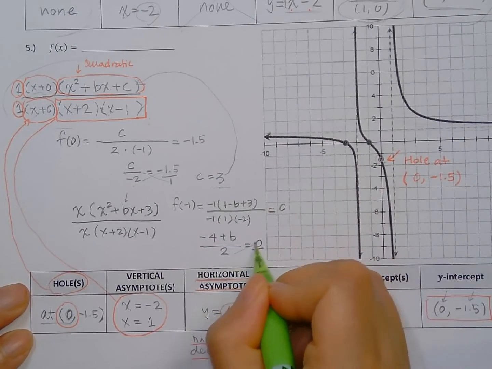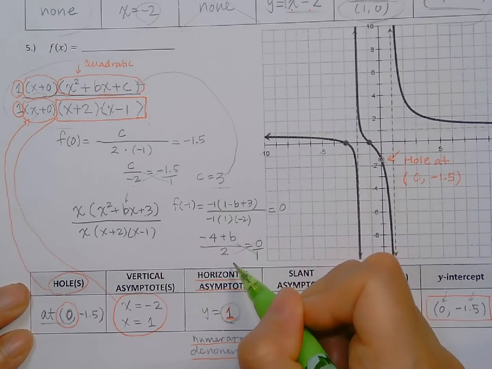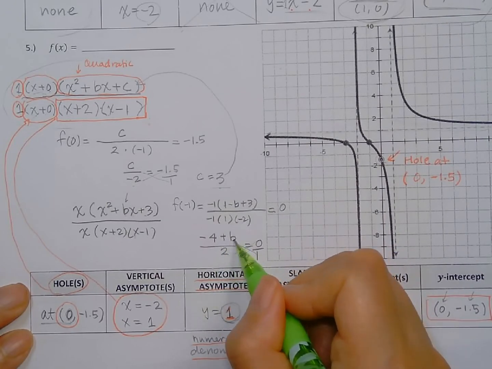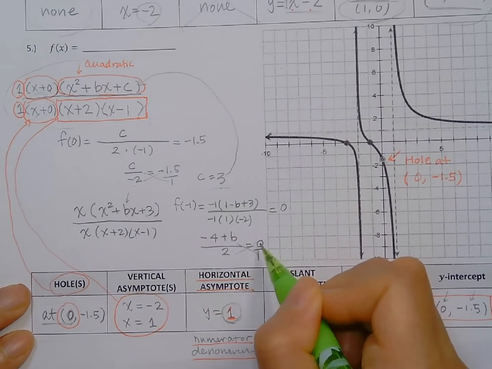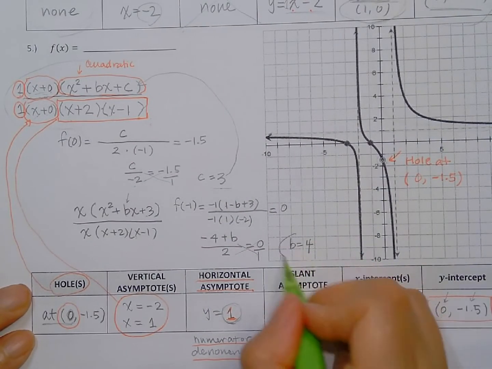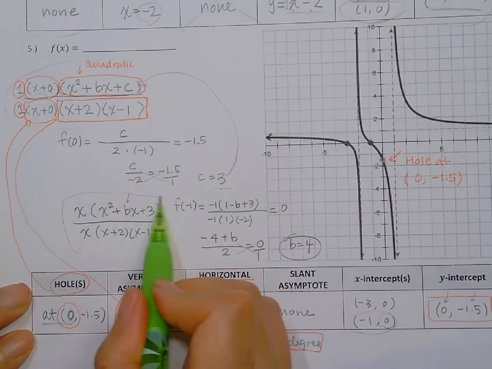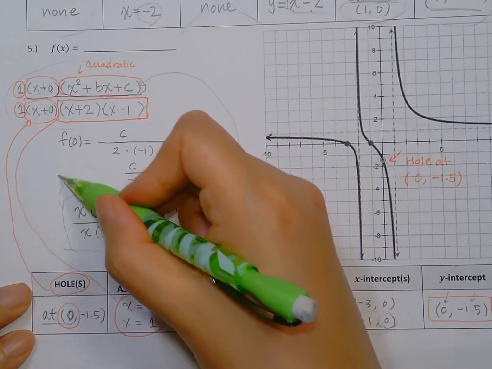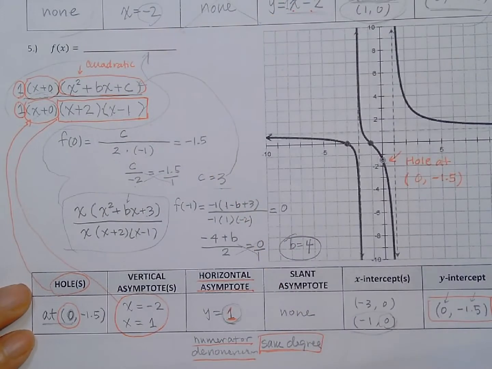And it's over 1, cross multiply again. Then -b plus b is 0. Then b must be 4. B must be 4.